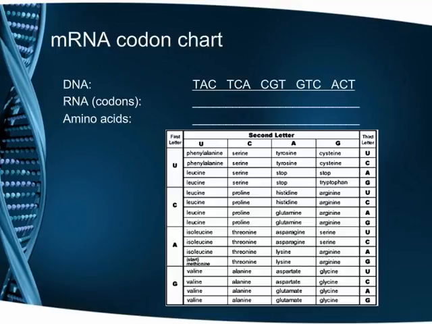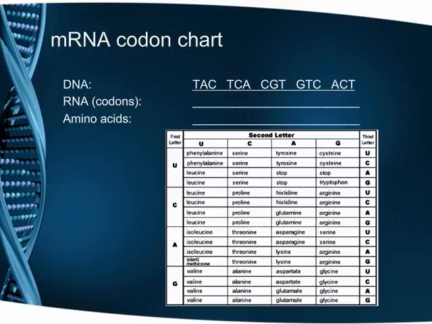The first letter in the RNA codon is A. The second letter is U. The third letter is G. So if you look carefully at the codon chart, those three letters match up at the amino acid methionine. You can abbreviate this with the first three letters, MET. MET is your first amino acid.